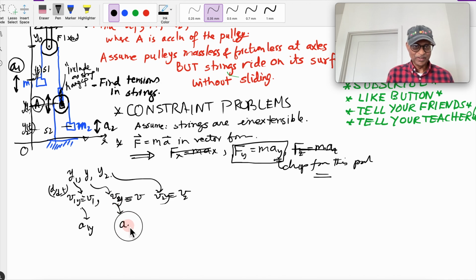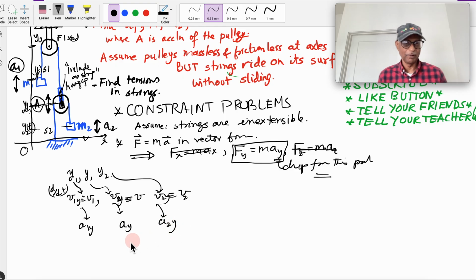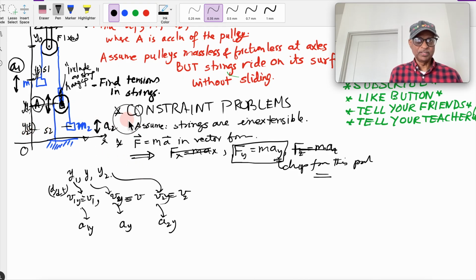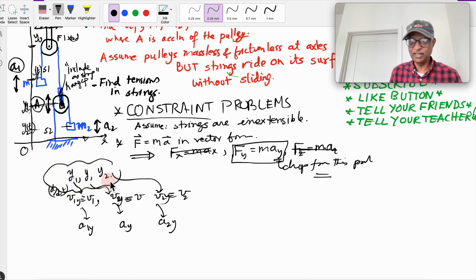And ay, and this will be a2y. Okay, so what do we mean by constraint? Let's go back to what the constraint means. Here it turns out these are not all independent. Actually, only one of them is independent. Everything else can be found from the other.